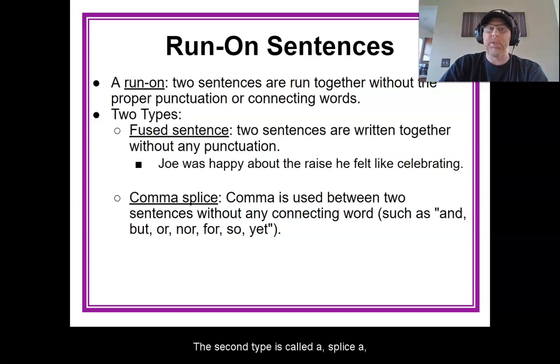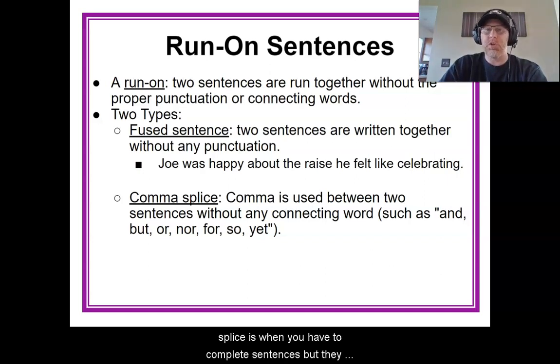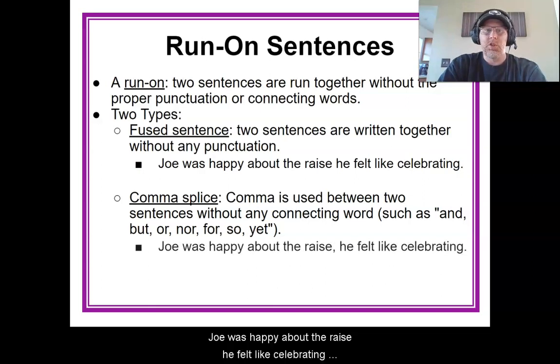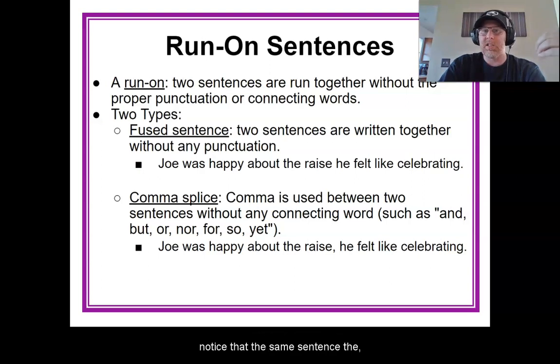The second type is called a comma splice. A comma splice is when you have two complete sentences, but they are being connected with a comma, but missing a connecting word like and, but, or, nor, for, so, yet, like the conjunctions, okay? Joe was happy about the raise, he felt like celebrating. Notice that's the same sentence, the comma there between raise and he.